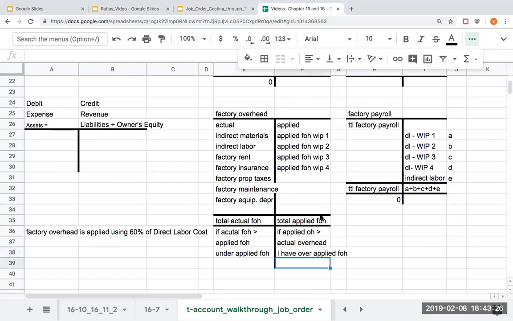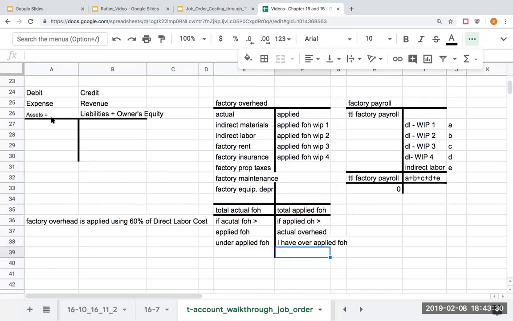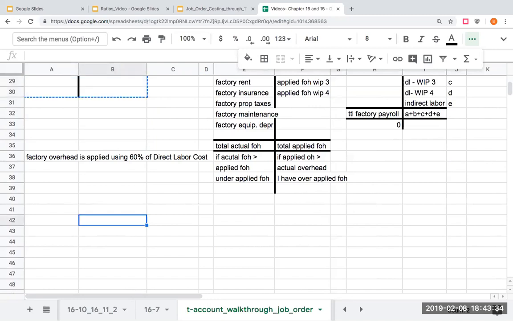So what do I do here? As I said, this balance needs to be 0. So let's go through each of these types of situations.